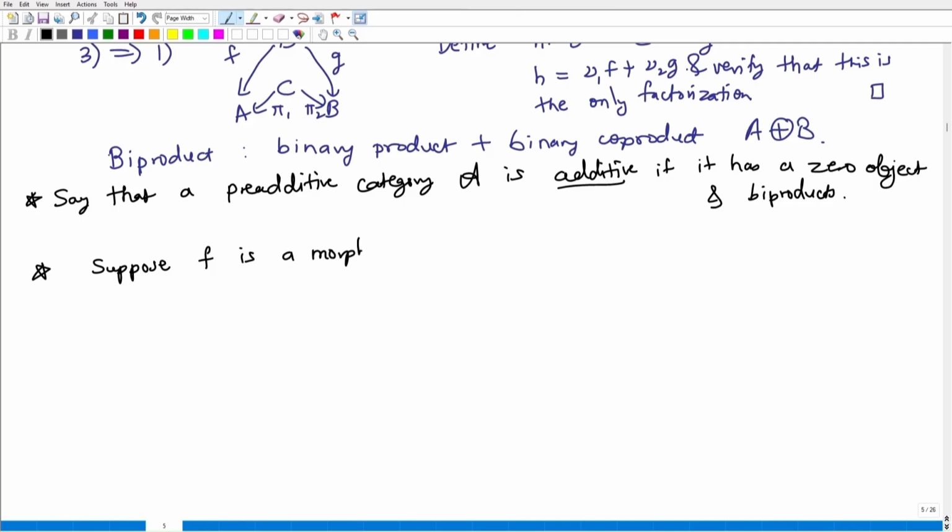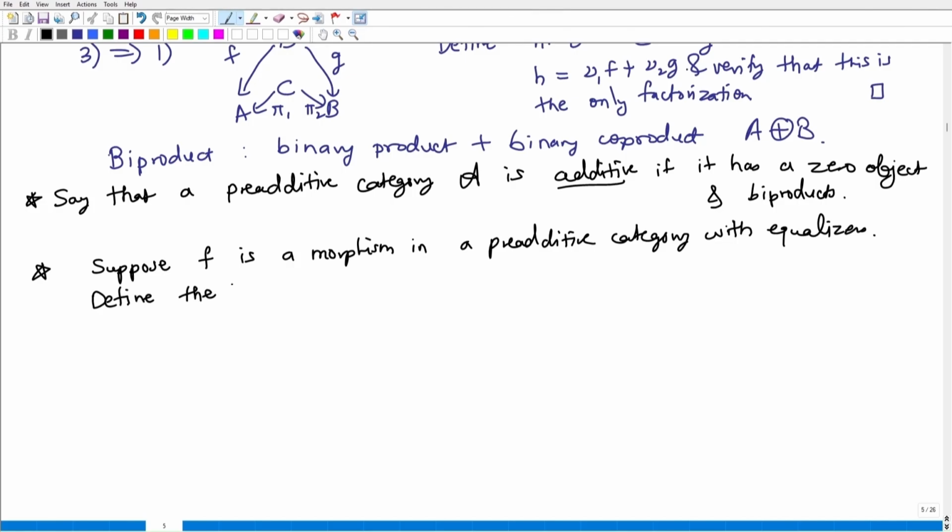I don't really need an additive category, a pre-additive category with equalizers is enough. Define the kernel of f to be the equalizer of f and 0.